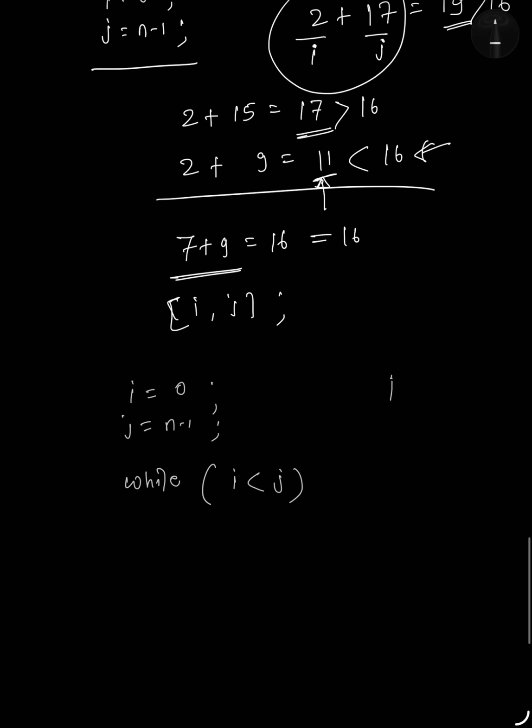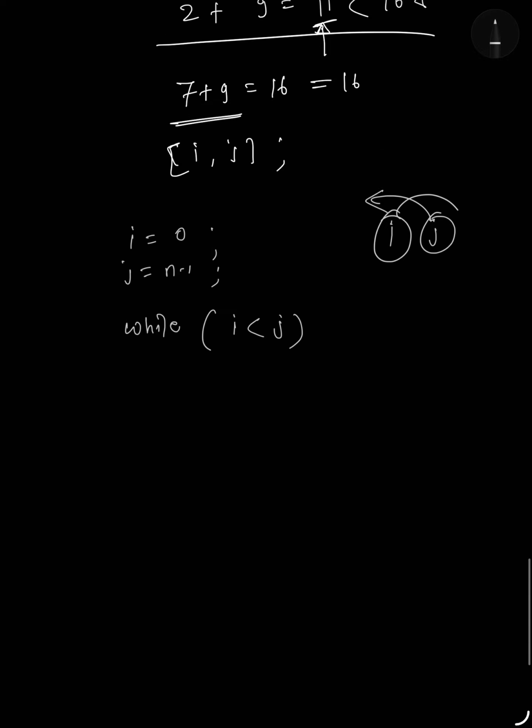If i crosses j, or equals j, we are not going to have any valid pairs, because we have already compared those pairs. So i will be less than j, and we check if array of i plus array of j is equal to target, we can simply return i and j.